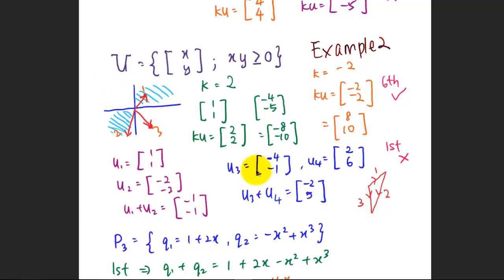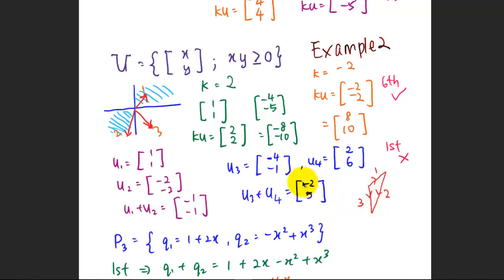So the addition of any random members here does not guarantee that you'll get a new vector which is still within these two quadrants, as proven in this addition. So I say that the first axiom was violated, because the addition of any members here would not guarantee you a new member which is still within the region, as shown in this case.